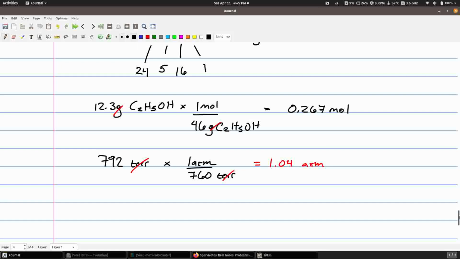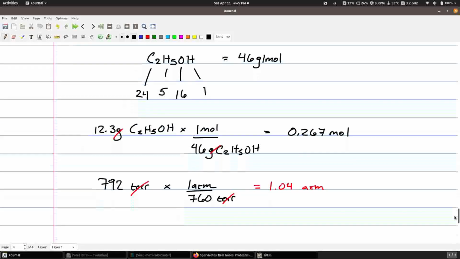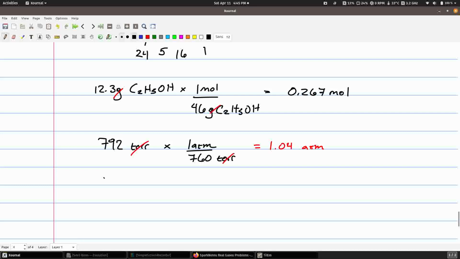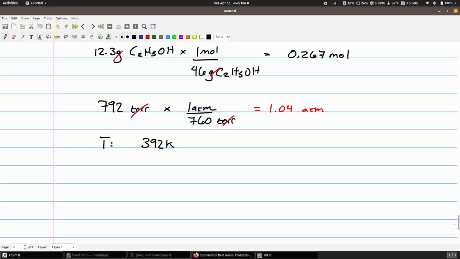Okay, so we have all our values, and let's plug it in. I'm going to write T down here just so we don't have to look up. It's 392 Kelvin. All right, so we're looking for the volume. So V equals nRT over pressure.